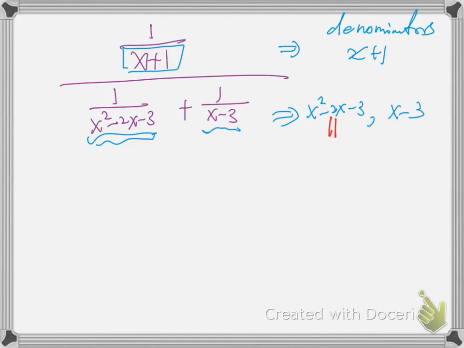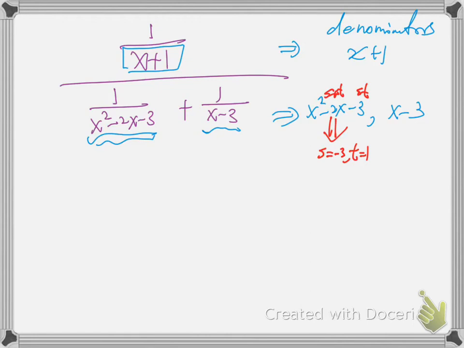Because it's degree 2, we need S and T. S times T is -3, S plus T is -2. So what are S and T? S is -3, T is 1. Product is -3, sum is -2.